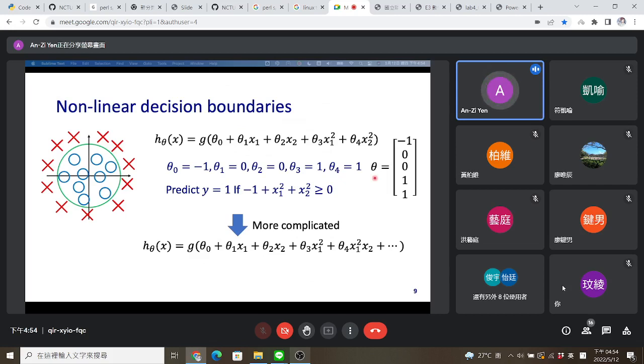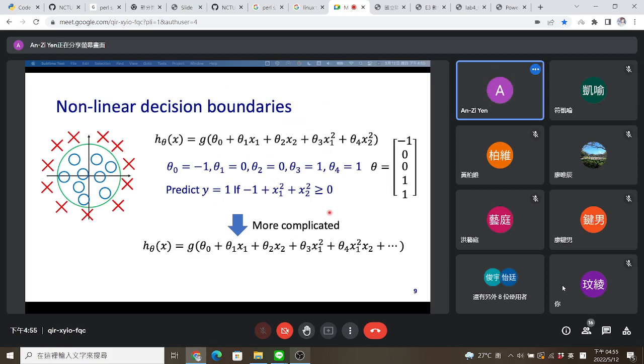So it means that our hypothesis will predict y equals 1 if -1 plus x1 squared plus x2 squared is greater or equal to 0. And this is theta transpose times the feature vector, greater or equal to 0.